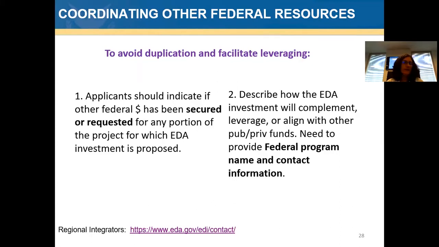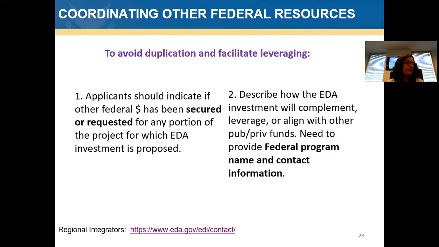On the bottom here is the link to an individual we call a regional integrator, in each of our 6 regions, in addition to the excellent economic development representatives, EDRs or EDSs, that you may all be working with in the field. We have regional integrators who stay abreast of multiple sources of funding.